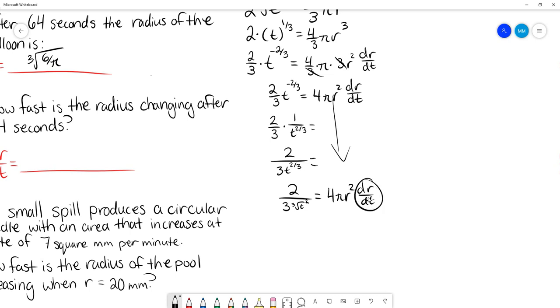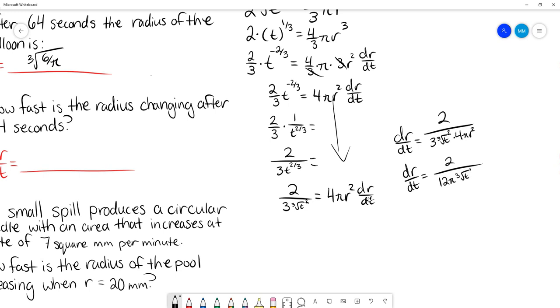And again, we're solving for dr/dt, so I'm going to divide this by this, which means that this chunk here is going to move into my denominator. So I get dr/dt equals this, divided by this, so it moves into my denominator. And I see I've got 2 constant coefficients there, so I'm just going to rewrite that to combine them. So I get 2 over 12, I should write the pi in front.